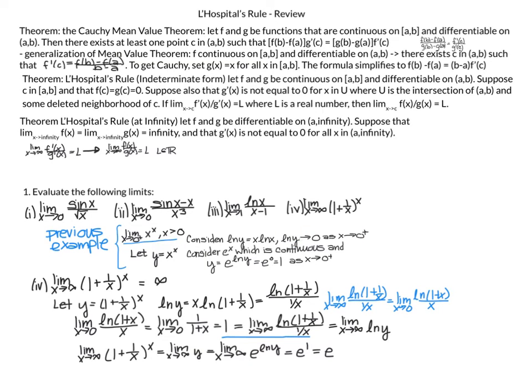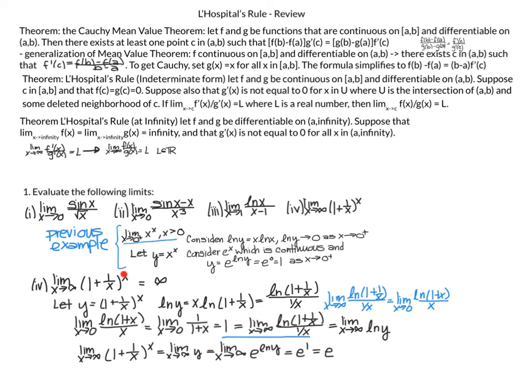And we saw that natural log of y approaches 0 as x approaches 0. And so when we considered y equal to e to the natural log of y, here we said natural log of y approaches 0, so this is e to the 0, which is equal to 1. So we're going to start similarly for this example number 4.